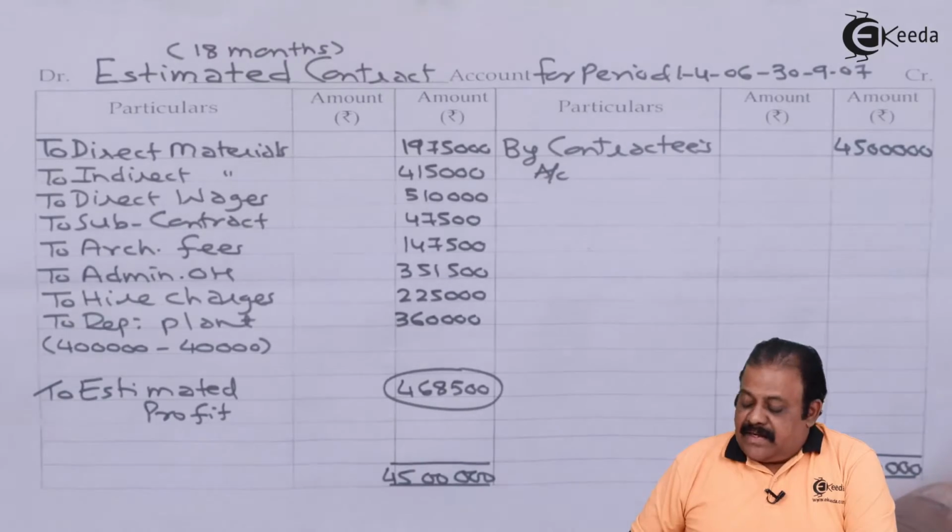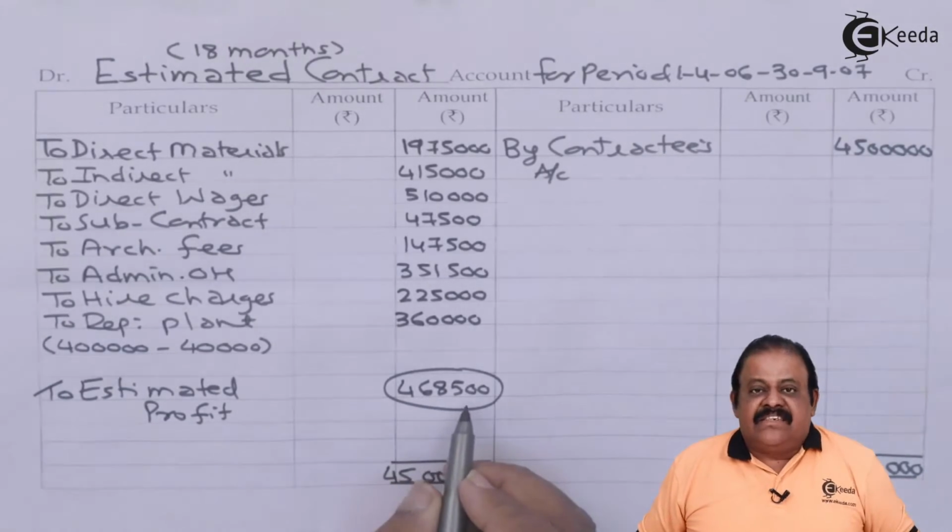After closing the total contract account, we got estimated profit 4,68,500.